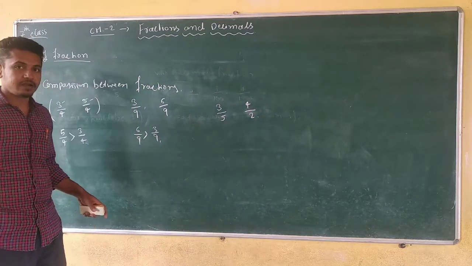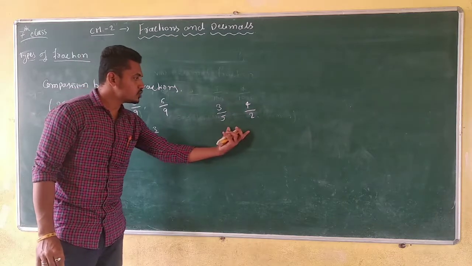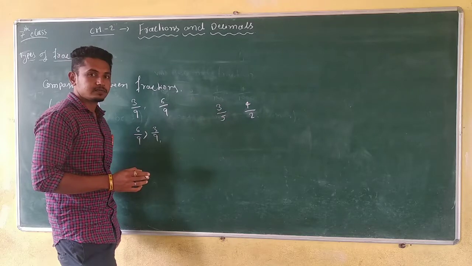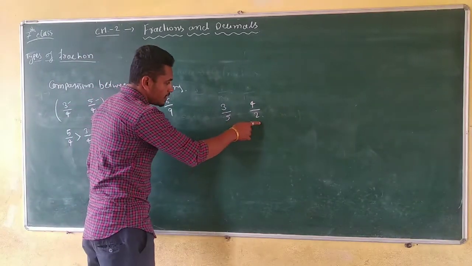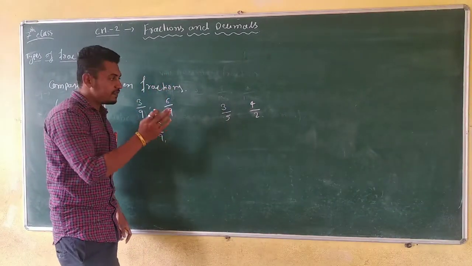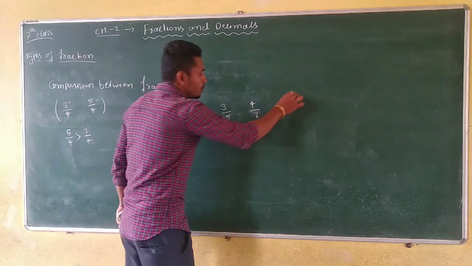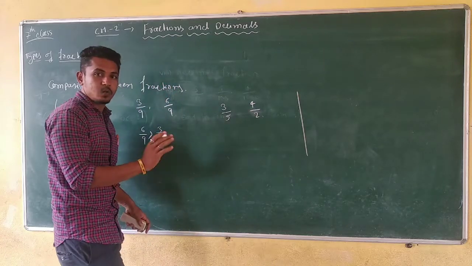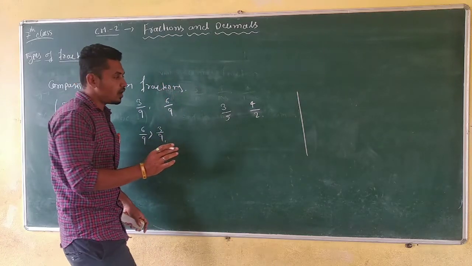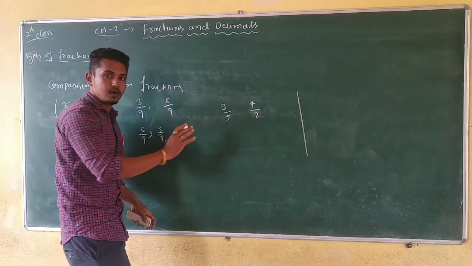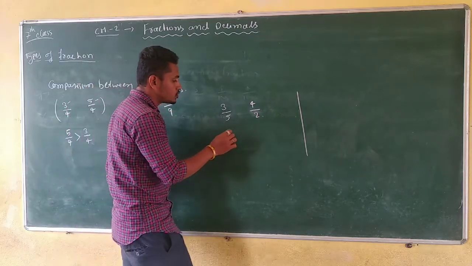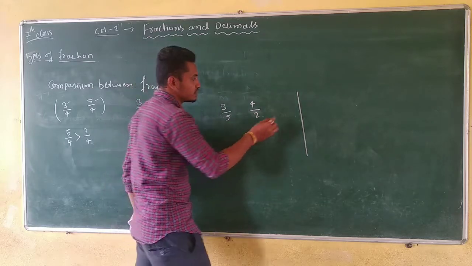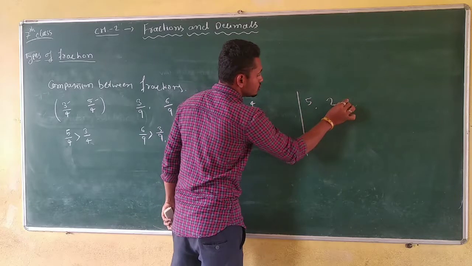Which one is smaller and which one is greater? See here, their denominators are different. In that case, first we have to make their denominators equal. First we should find the LCM of the denominators, 5 and 2.